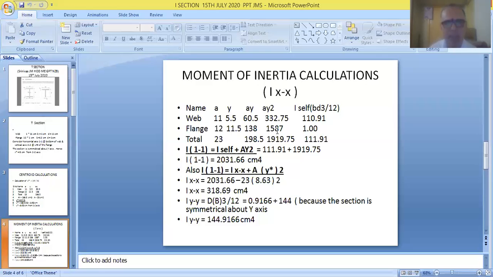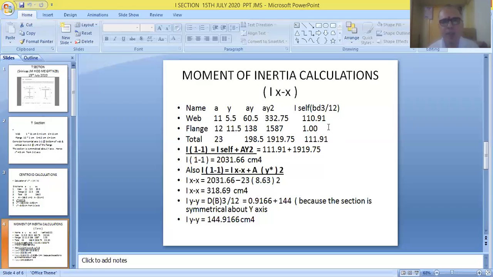So friends, this Ay square is very, very essential for making the calculations. So we are putting one more column for measuring Ay square. You measure this value for all the components present in the section.